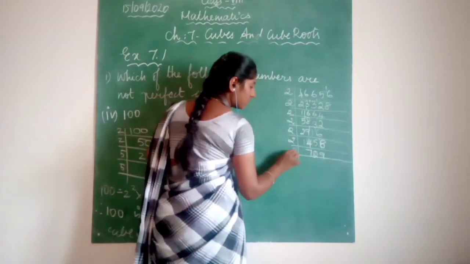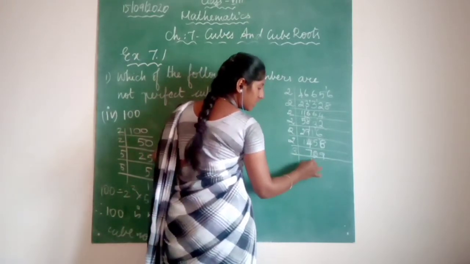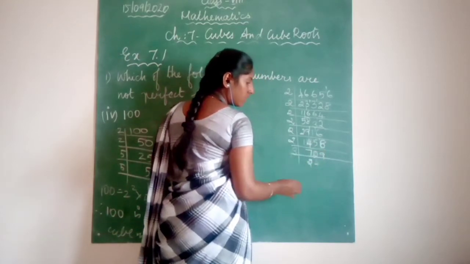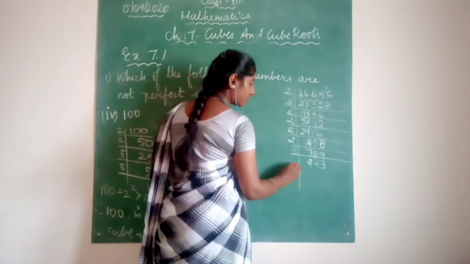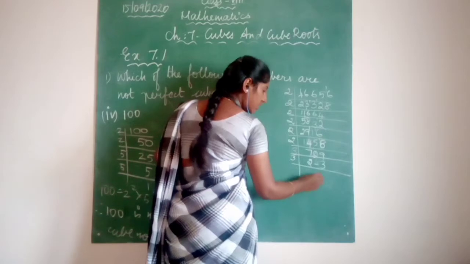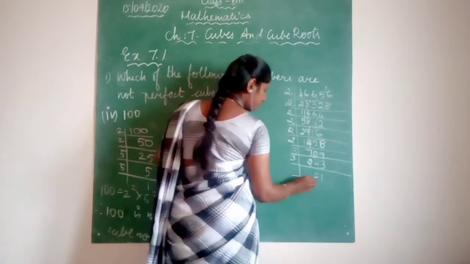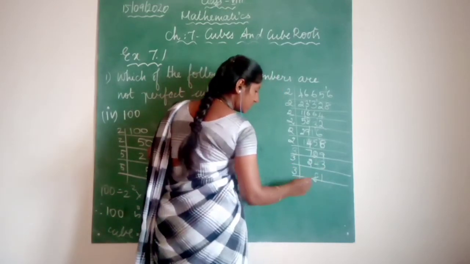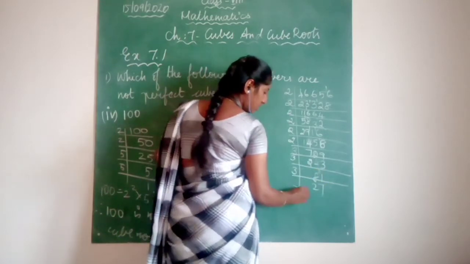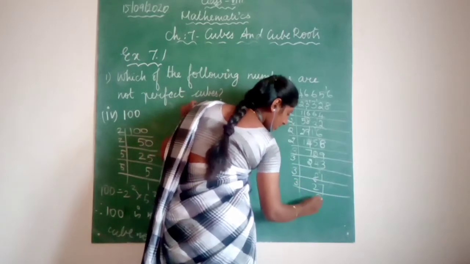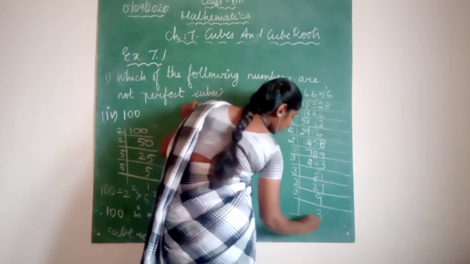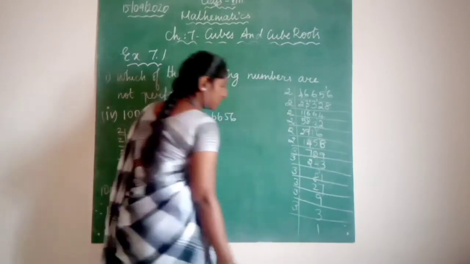Now take 3 table, it is ending with 9, right? 3 2s are 6, 3 4s are 12, 3 3s are 9. Then again 3 table, 3 8s are 24, and 3 1s are 3. Then again 3 table, 3 2s are 6, 3 9s are 27. Then 3 9s are 27, 3 3s are 9, 3 1s are 3.